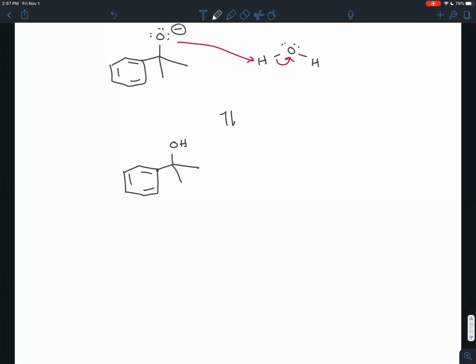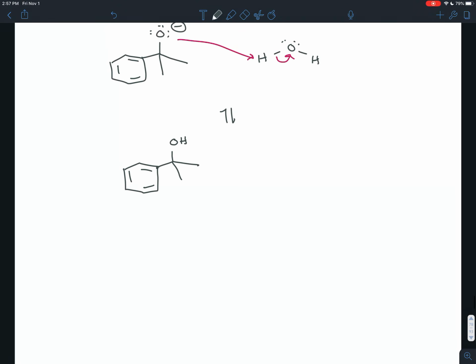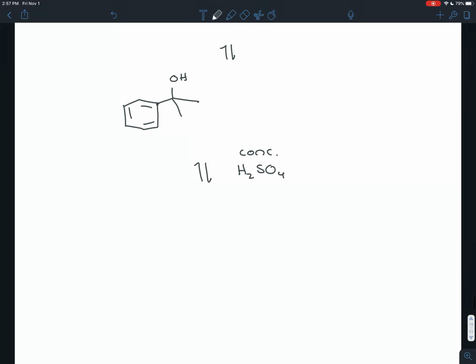If you remember from Organic Chemistry 1, you could do an elimination reaction by adding a strong acid. This is a bad leaving group, so you have to turn it into a good leaving group. And what you would want to remember from Organic Chemistry 1 is that concentrated sulfuric acid, which is kind of a nasty thing, could give you this double bond.